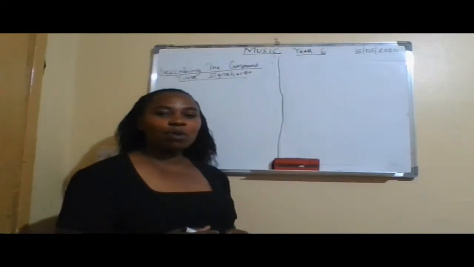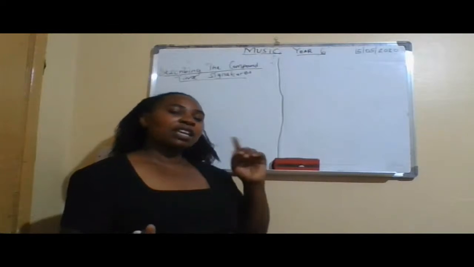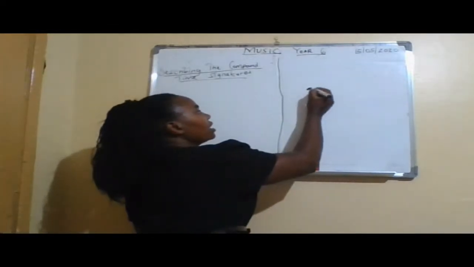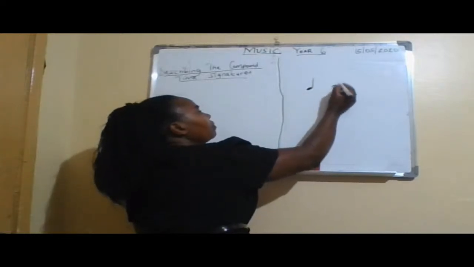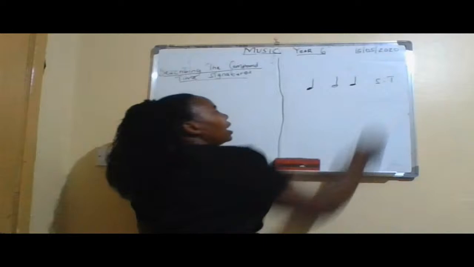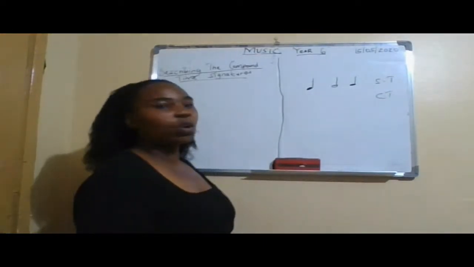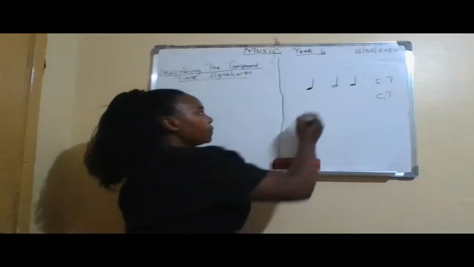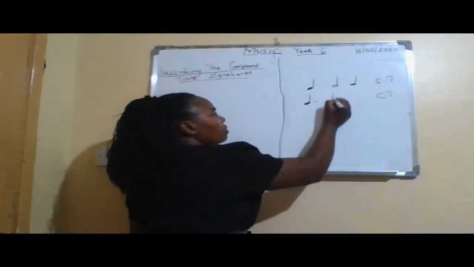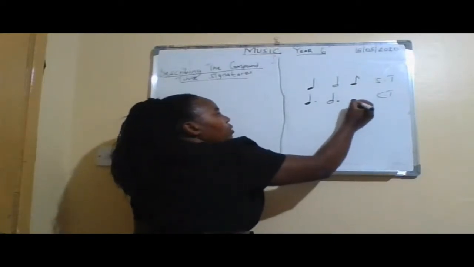One major difference is that in simple time, the notes are plain, like a crochet, a minim, a quaver. And in compound time, students, the main note is always dotted. You can have a dotted crochet, a dotted minim, a dotted quaver.